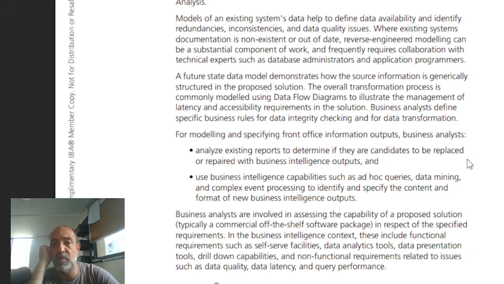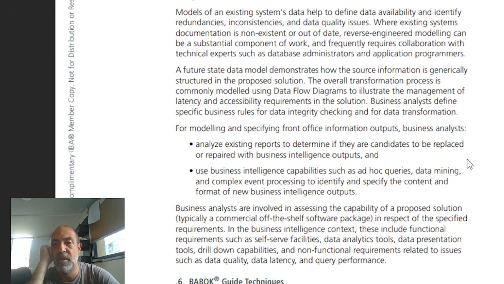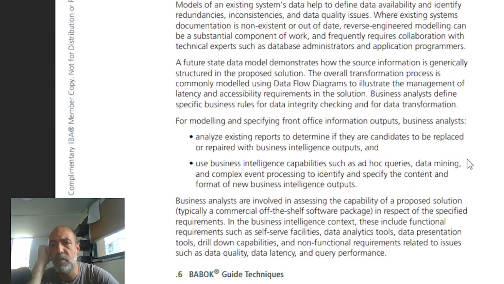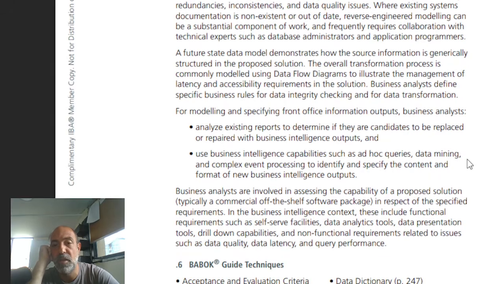Where existing system documentation is non-existent or out of date, reverse engineering modeling can be a substantial component of work and frequently requires collaboration with technical experts, such as database administrators and application programmers. A future data model demonstrates how the information is structured in the proposed solution. An overall transformation process is commonly modeled using data flow diagrams to illustrate the management of latency and accessibility requirements in the solution.